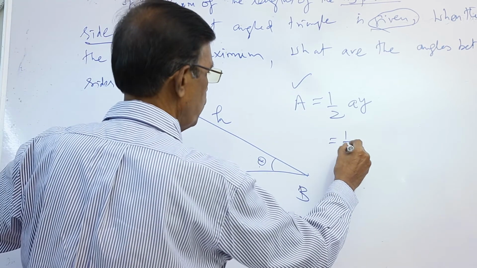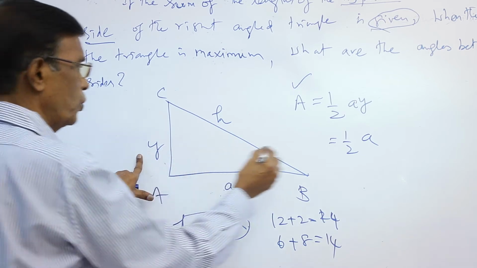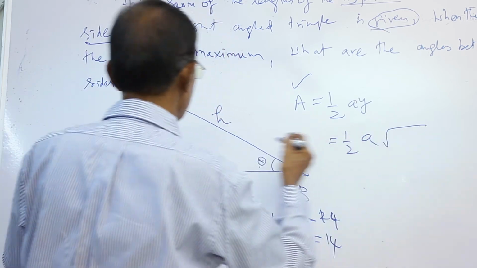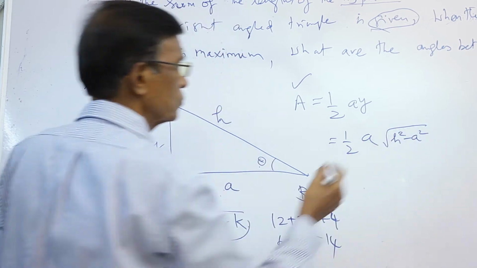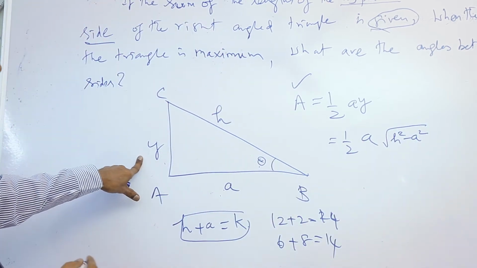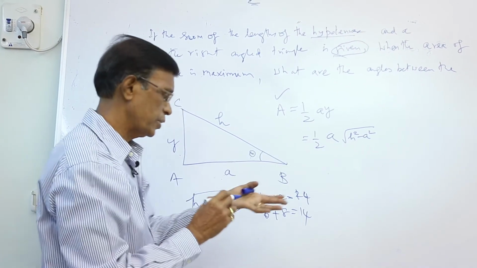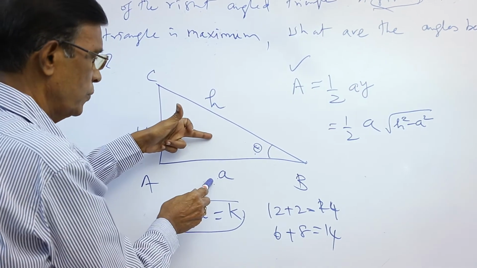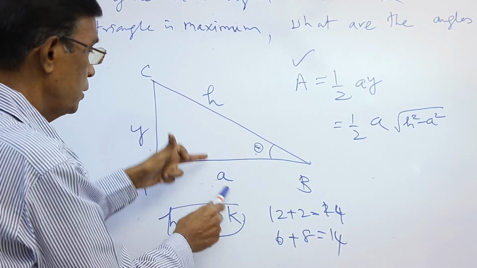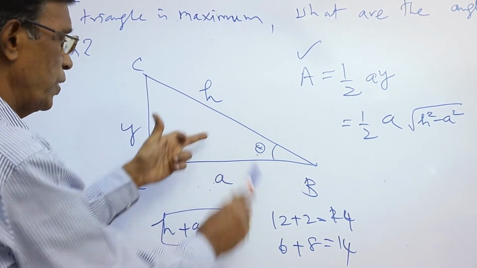Now what happens here? This is your half into, this is a right angle triangle, so your Y is equal to root of H squared minus A squared. Now what happens again? See here, 2 H and A, as I told you, now see that thing. The addition gives you a constant, but A and H take different values, see.